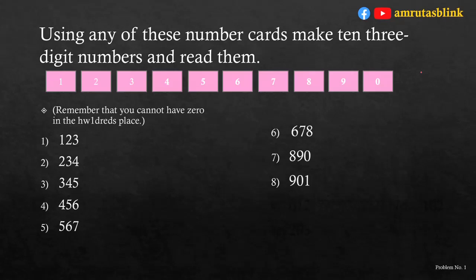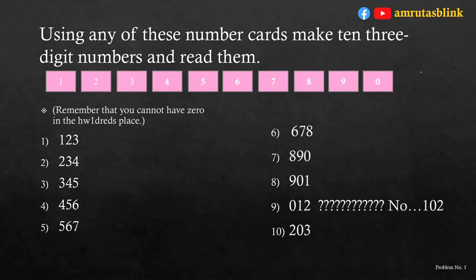So we cannot have 0 at the hundreds place, rather we can have 0 at the tens place or ones place. So 0, 1, 2 will not be allowed. Hence we will have some other number and place 0 at the tens place or ones place as per your choice. So let's say the next numbers are 203, 304, 403, anything you can make out of your choice.